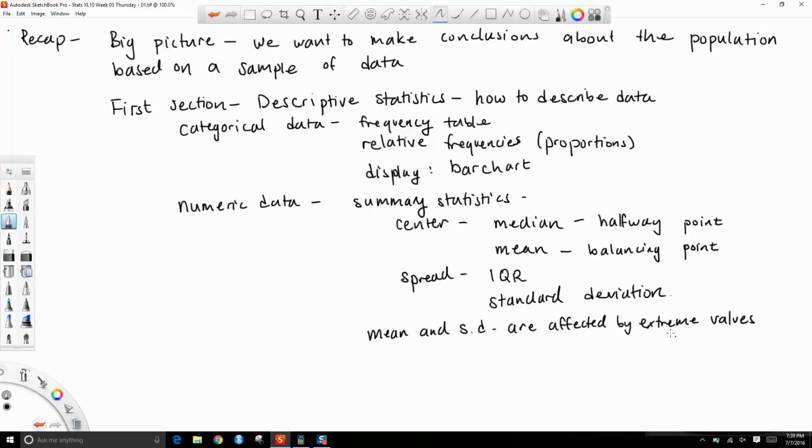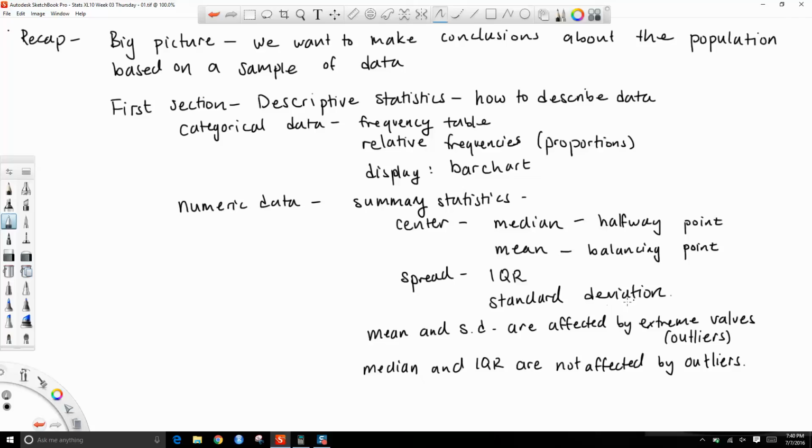Outliers, okay. And which ones are not affected by extreme values? The other two, the median and IQR, are not affected. Okay, so this is how we can describe numeric data.